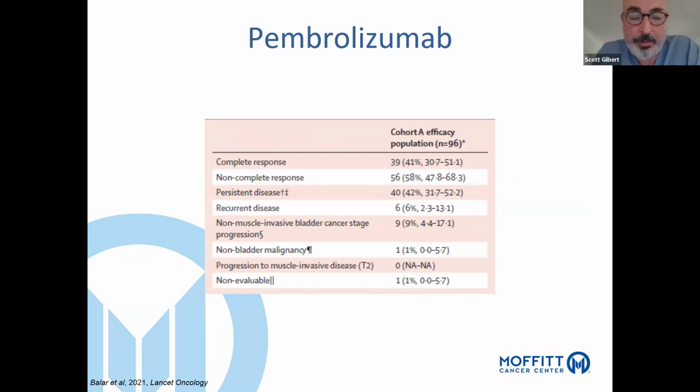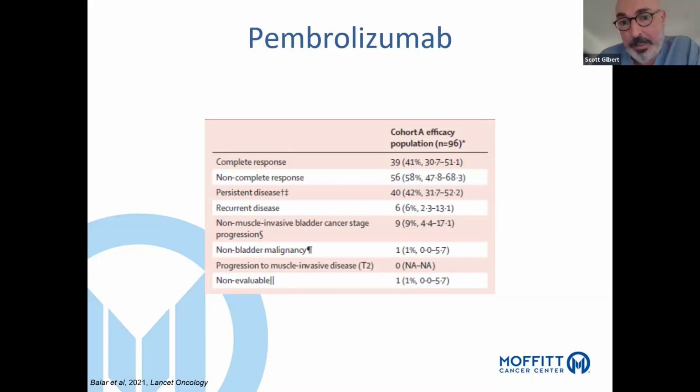It works as a checkpoint inhibitor to block the PD-1 and PD-L1 interaction, and unmask a cloaked cancer cell so that the immune system can see it. That's how the drug works. At 3 months, 41% response rate, but by 2 years, this rate really drops down to under 20%.